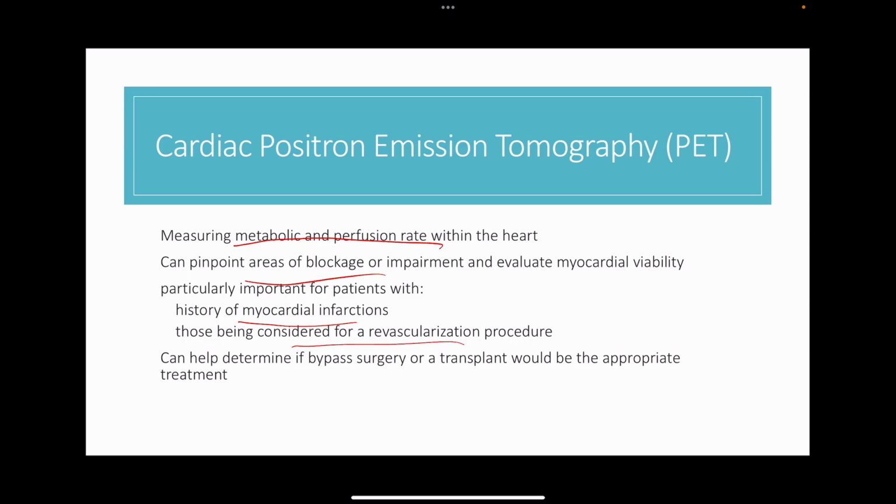So if they're going for bypass surgery or stenting, you may want to get a PET to make sure that tissue is even viable. If I want to bypass and reperfuse this tissue, is it even metabolically active? Is it alive? Can it be perfused and do a function? If it's not, why would I put blood supply into an area of the heart that's not going to work anymore? So the PET will tell you that.